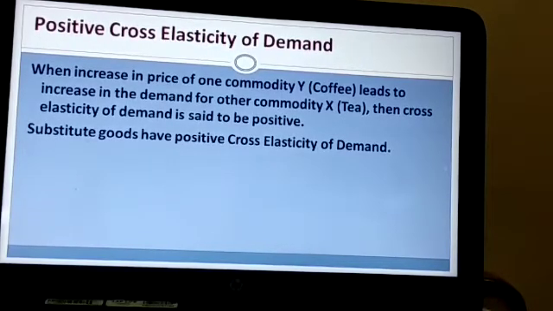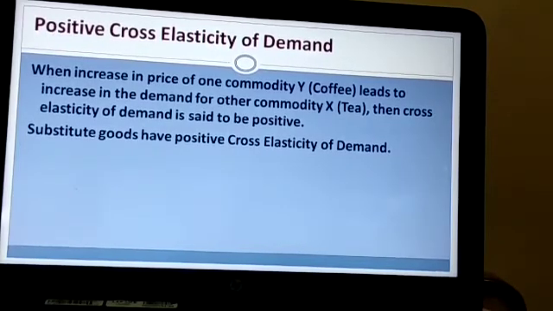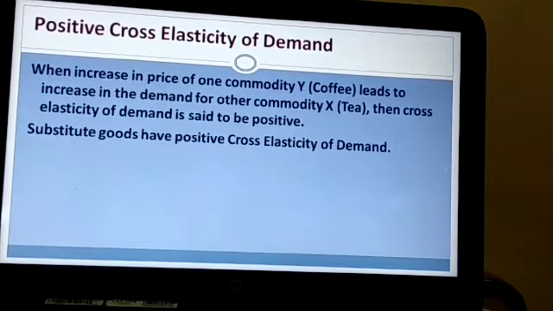There is a same-direction, positive relation between price of one commodity Y and the demand for other commodity X. Price of one commodity Y is increasing and the demand for other commodity X is also increasing. So we say that cross elasticity of demand is positive, and substitute goods have positive cross elasticity of demand.